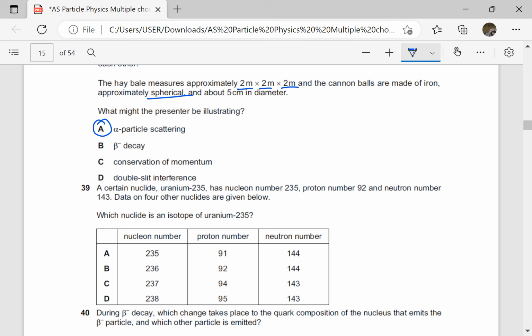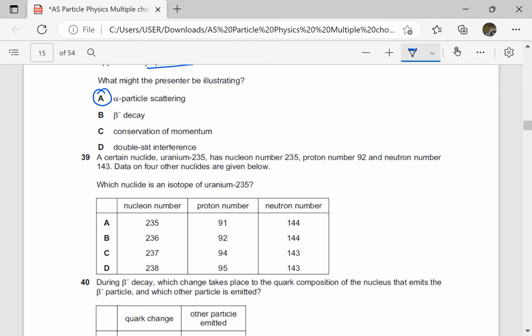A certain nuclide uranium-235 has nucleon number 235, proton number 92, and neutron number 143. Data of 4 other nuclides are given below. Which nuclide is an isotope? We look at the proton number.